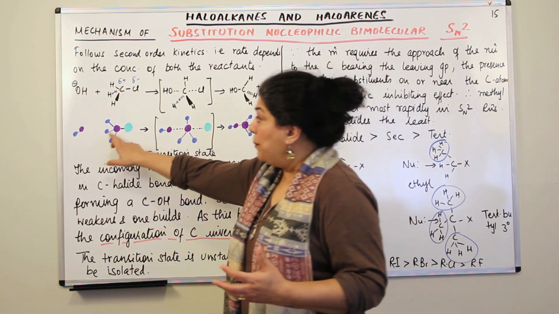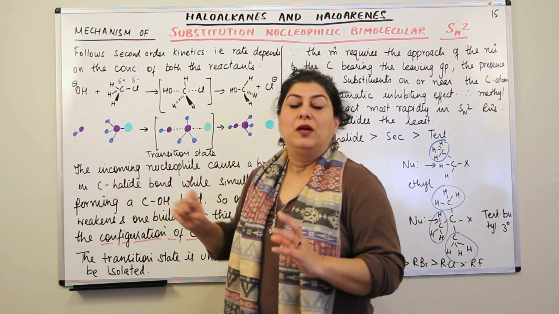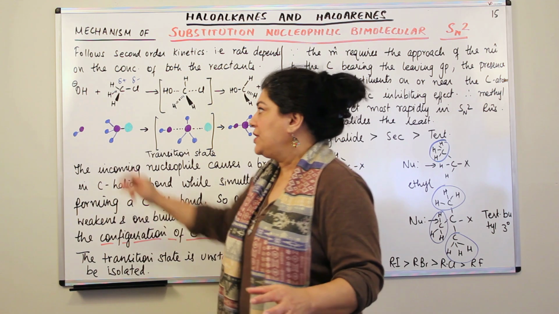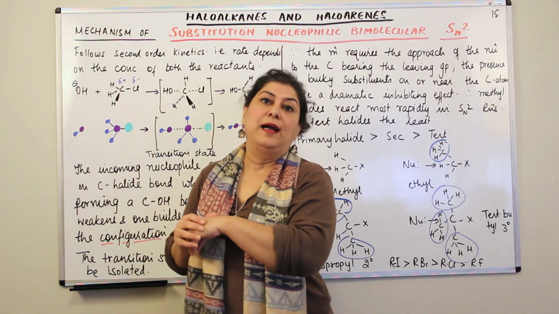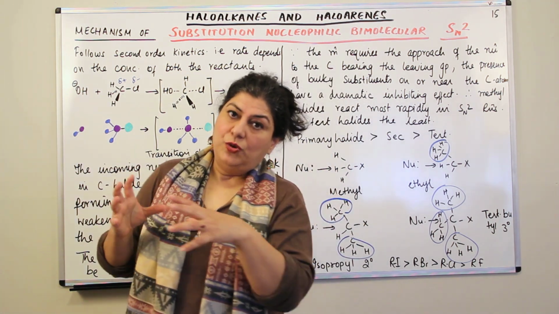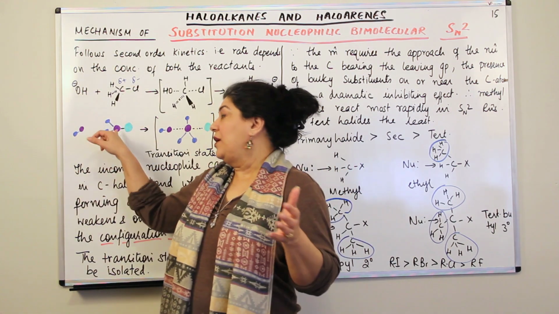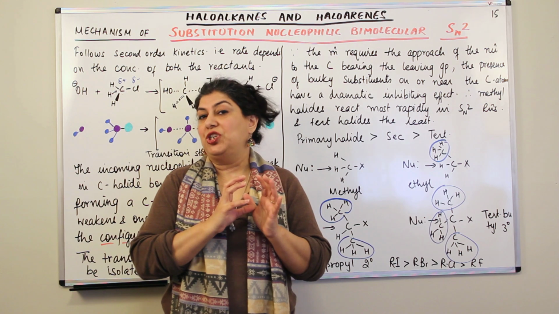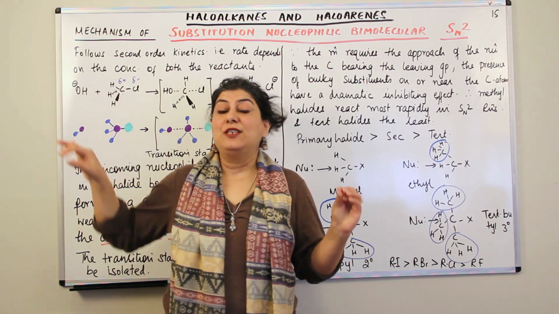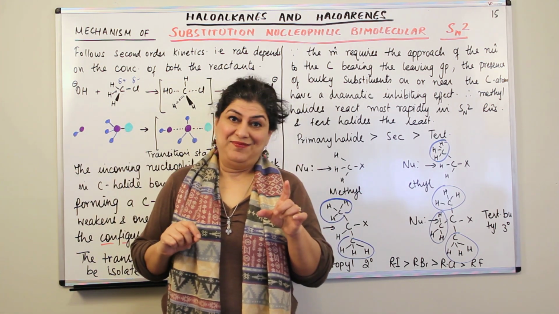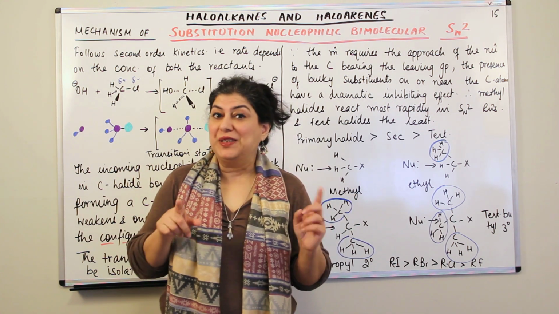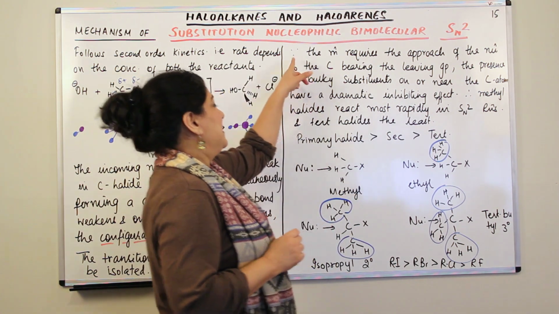So the bulkier these groups are, the more difficult it is for the nucleophile to attack the alpha carbon. Any species which has such bulky groups attached to the carbon atom would not undergo the SN2 mechanism that readily. Let me repeat this.